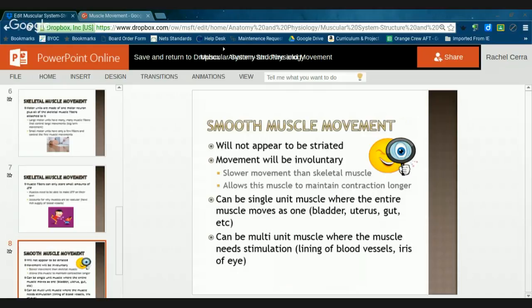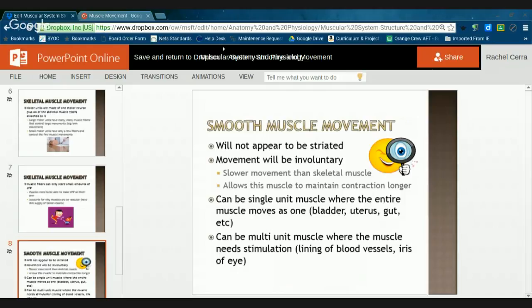So they can also be single unit, where they're just in charge of that one, or they can be multi-unit, where the muscle needs some stimulation. We just don't control it, but it needs to be stimulated. So the iris in your eye needs to be stimulated by light in order to contract.